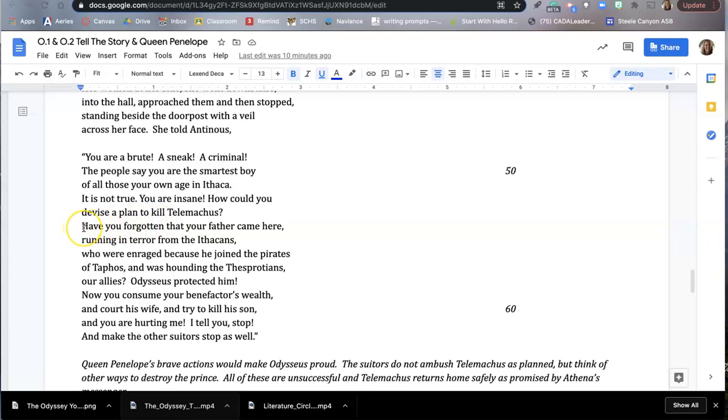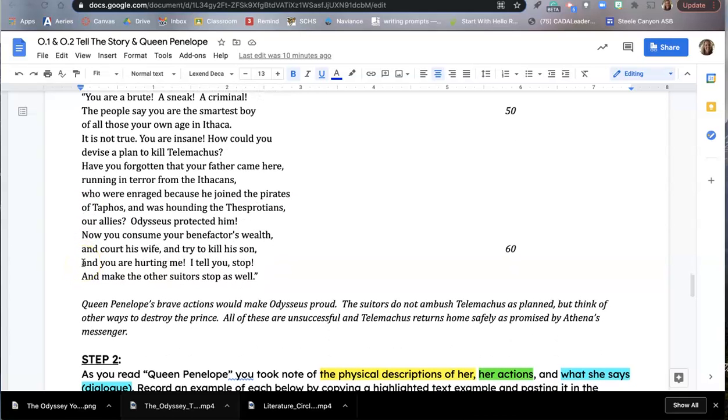Have you forgotten that your father came here running in terror from the Ithacans, who were enraged because he joined the pirates of Taphos and was hounding the Thesprotians, our allies? Odysseus protected him. Now you consume your benefactor's wealth and court his wife and try to kill his son, and you are hurting me. I tell you, stop, and make the other suitors stop as well."